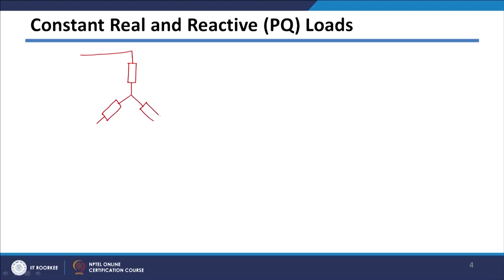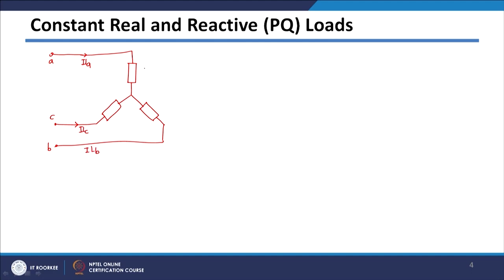This is the A terminal, this is the C terminal, this is the B terminal, and these are the load currents, I will say ILA, ILC and ILB.